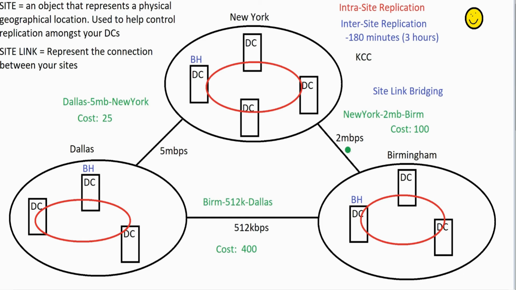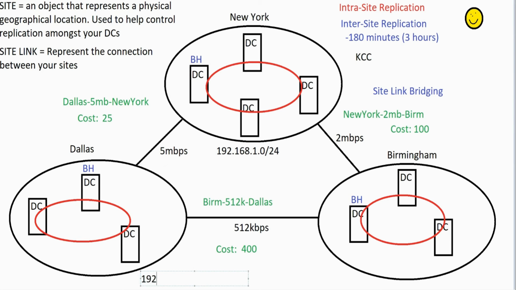Now, the other thing that's critical for replication is that for each site, you must associate all the TCP/IP subnets with that site. So for example, let's say that New York's subnet is 192.168.1.0/24, you would need to illustrate that.